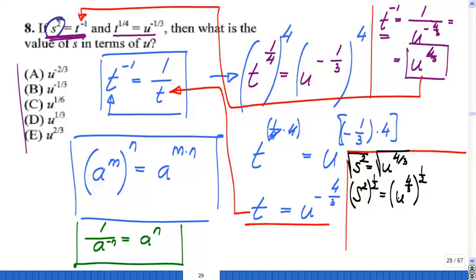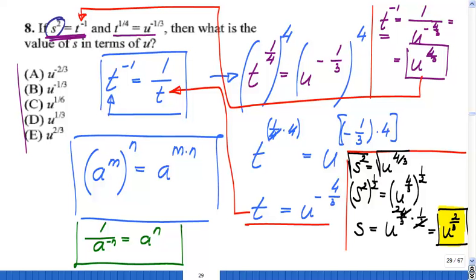S squared, everything to the 1/2, we know is s, which equals u to the power of 4/3 times 1/2. You can cross cancel here: 2 goes into 4 two times, and the answer will be u to the power of 2/3. And this is the value of s in terms of u.